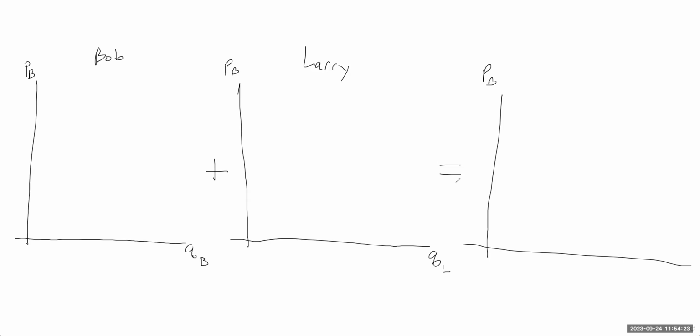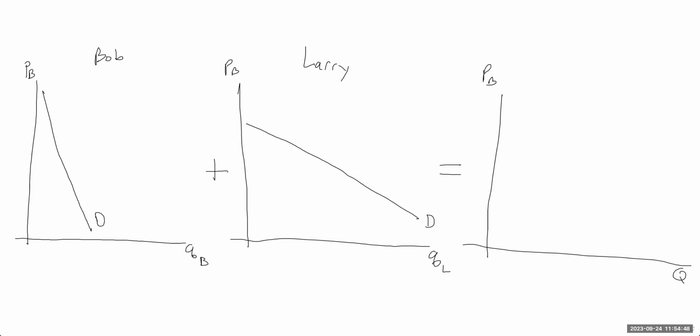Bob and Larry consist of everybody in the market, so I'm going to put big Q for the market for beer. Bob has a specific demand curve given his preferences, and it looks like this. Larry has different preferences. He grew up differently, and so his demand curve looks like this.